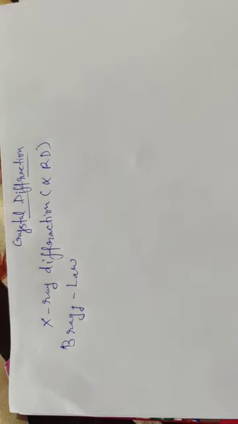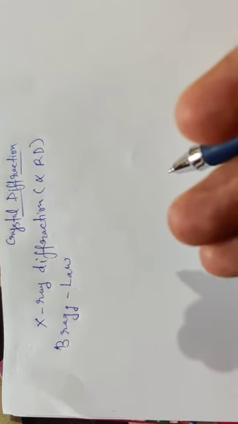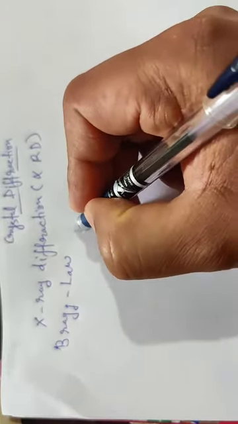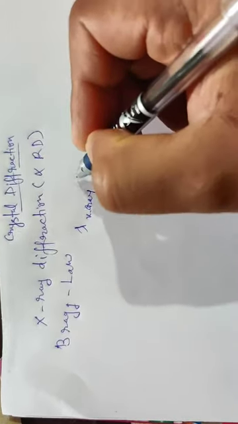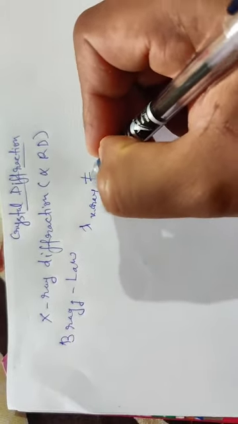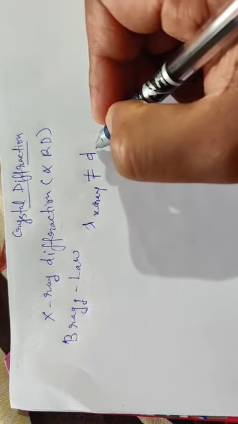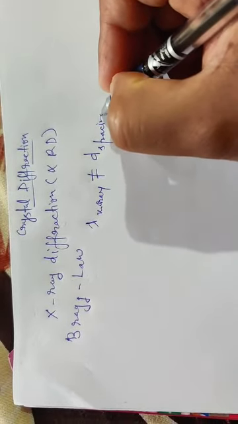If you take the incident light as X-ray on that optical grating, there is no diffraction pattern, because the wavelength of X-ray is not comparable to the interplanar spacing of that grating.